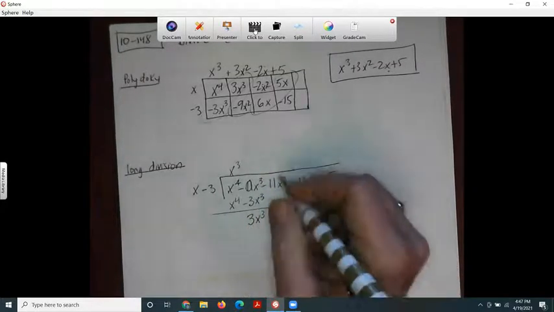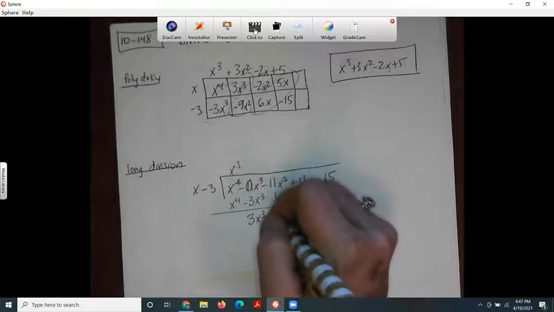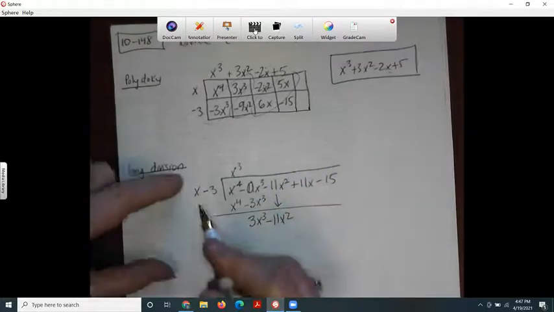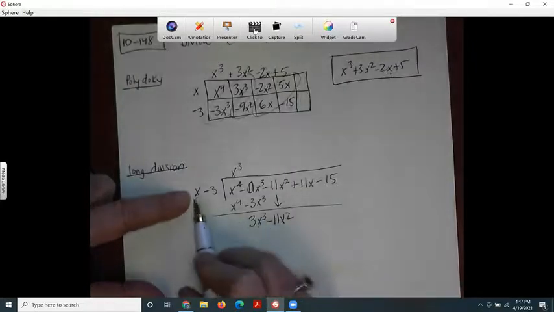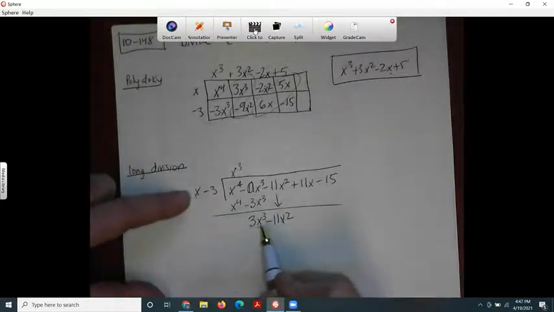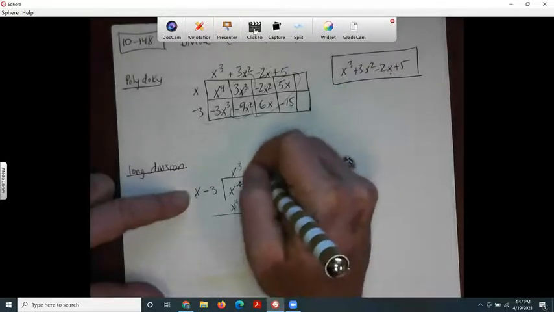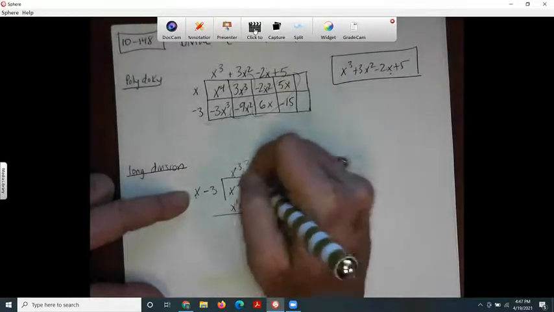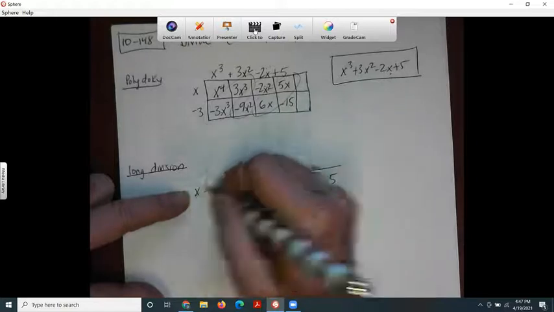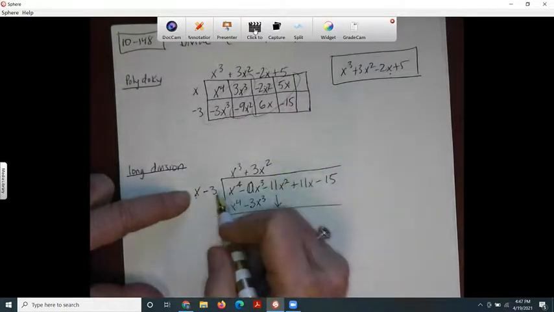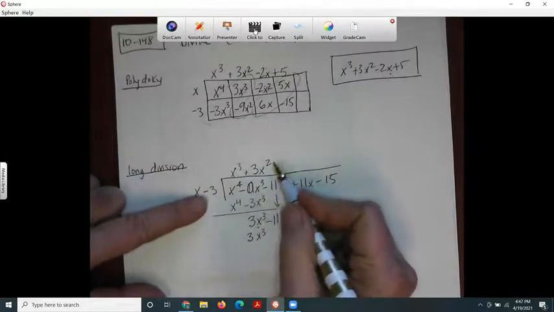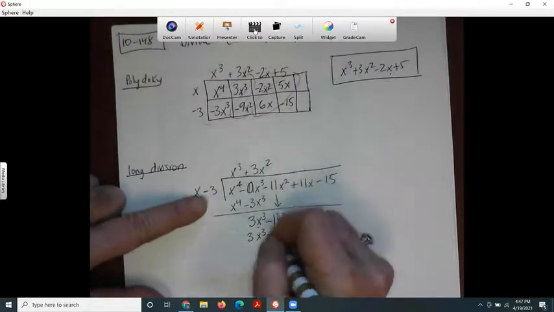And then you say, how many times does x go into 3x cubed? Or in other words, what would I have to multiply this by to get that? And it would be 3x squared. That times that. And then negative 3 times 3x squared would be negative 9x squared.